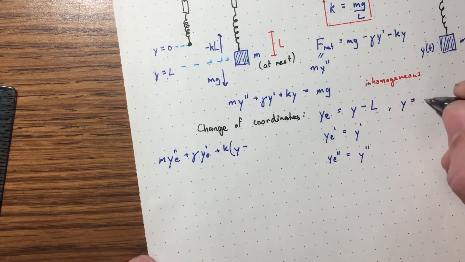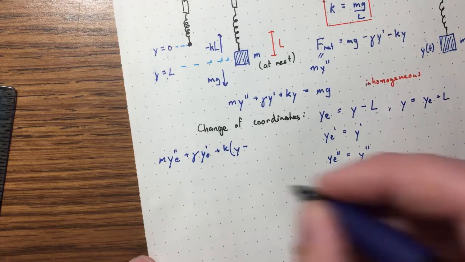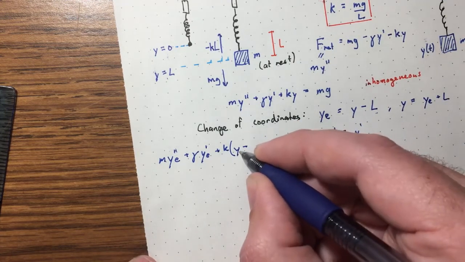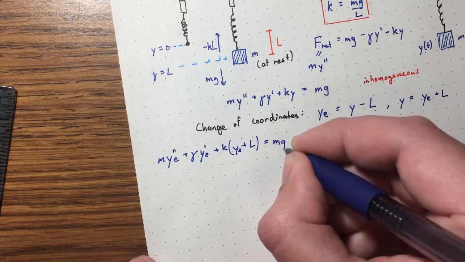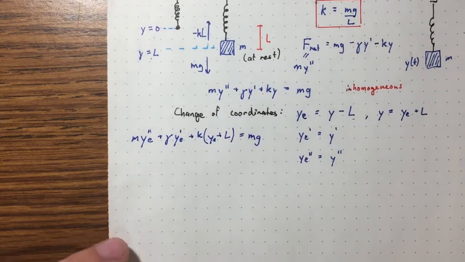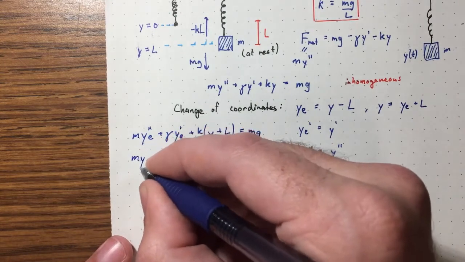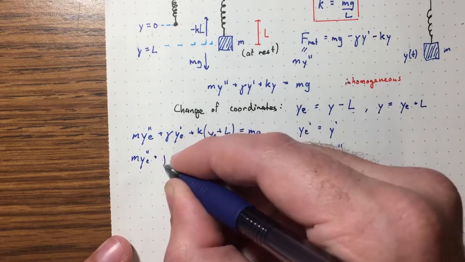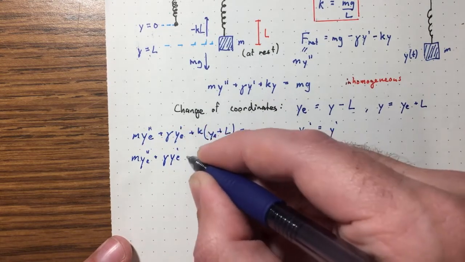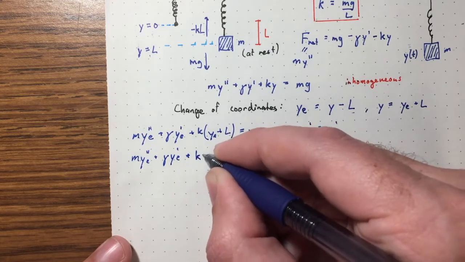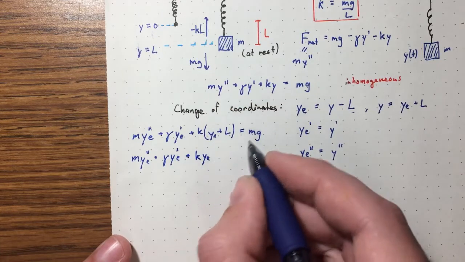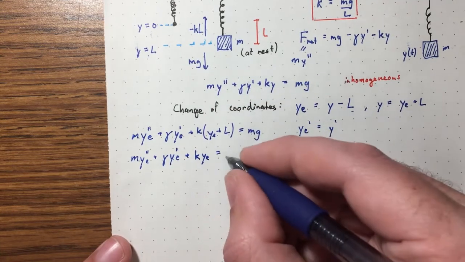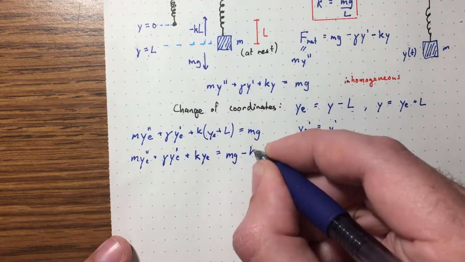So y is actually equal to ye plus L. So I have ye plus L. And that's going to equal mg. Okay. And so m y double prime e plus gamma y prime e plus k ye plus kl equals mg. Let's move the kl over to the other side. So we just get mg minus kl.